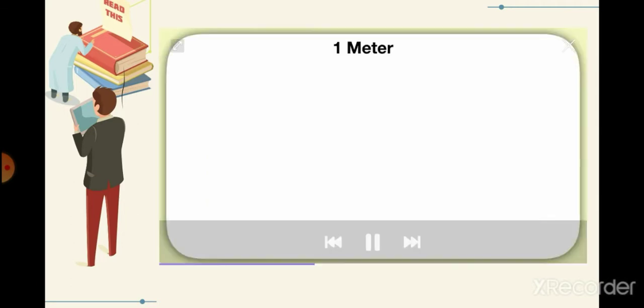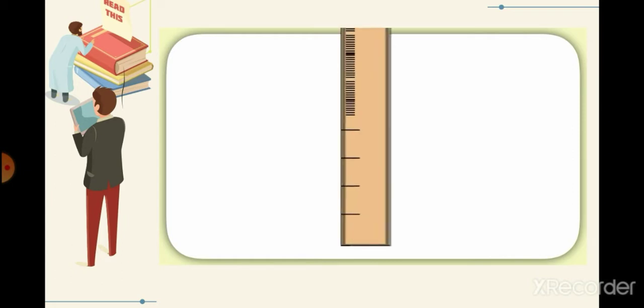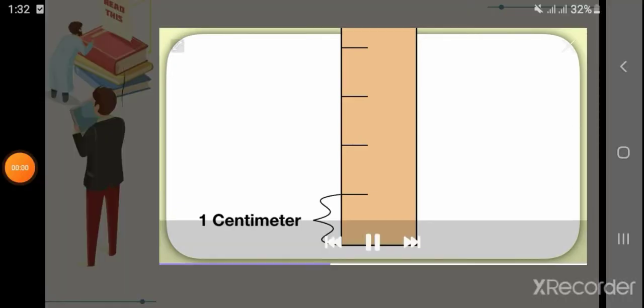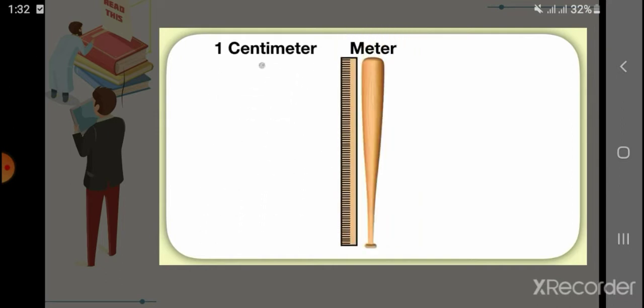So here we have 1 meter, which is about the length of a baseball bat. Now if we zoom into our meter stick, we see all these dashes. What do these little dashes represent? These dashes represent 1 centimeter. It is about the size of 1 US dime. Now we have got meters and centimeters.